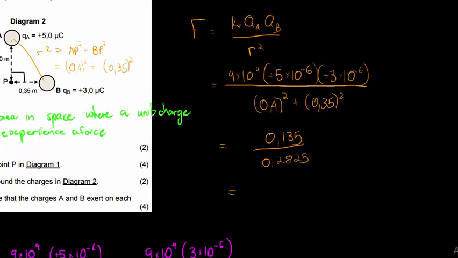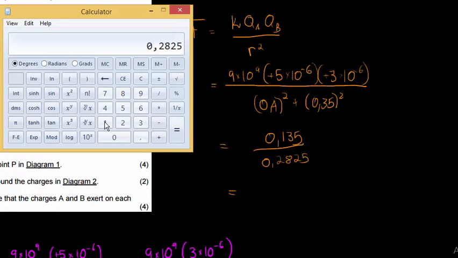So what is the force that these two are experiencing? If I just press 1 over x, that just means I'm using the reciprocal, in other words, to make it the denominator, times 0,135. Okay, that's what I get.